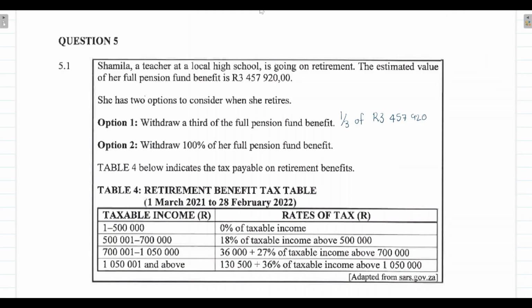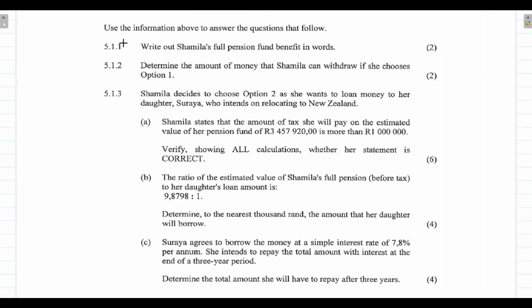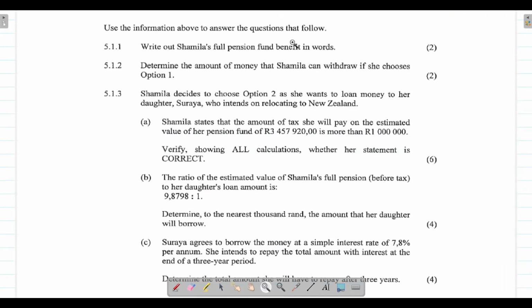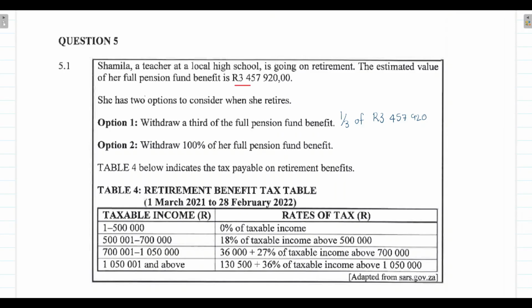So let's have a look at the questions that are given to us here. Use the information above to answer the questions that follow. Question 5.1.1: Write out Shamila's full pension fund benefits in words. Basically what we need to do here is write out this 3,457,920 figure in words.